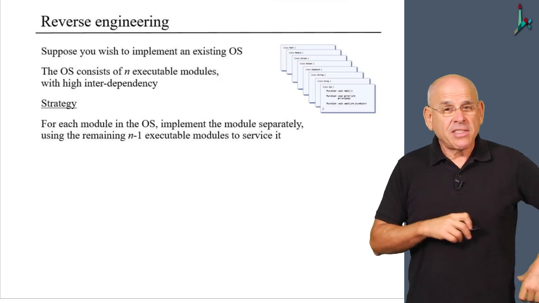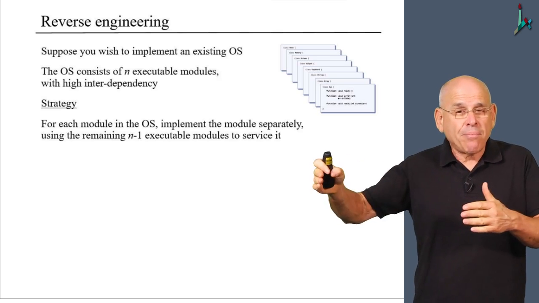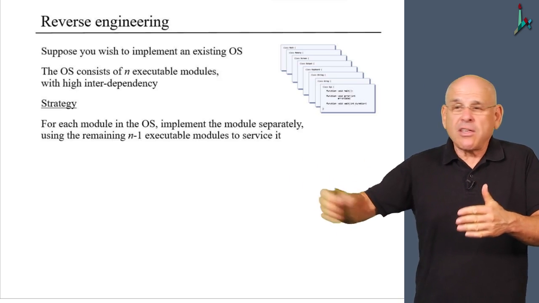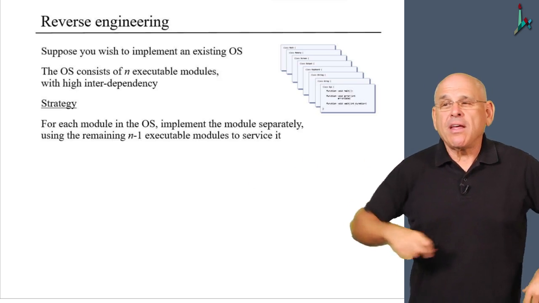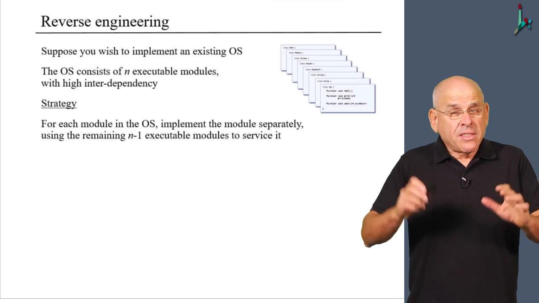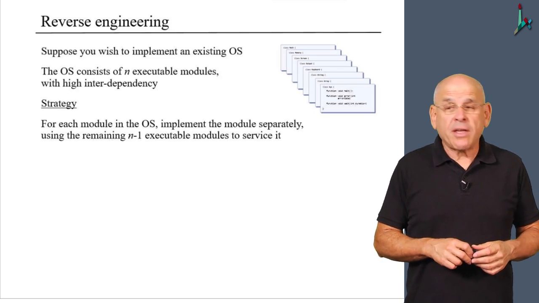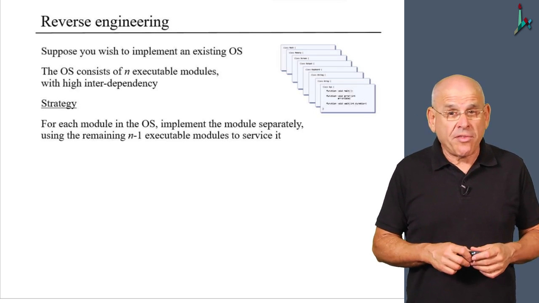So that's a very nice and elegant development strategy, and if you just follow it step by step, then after n stages, you will end up developing the whole operating system yourself. By the way, this is exactly how systems like GNU, Unix, and Linux were developed.